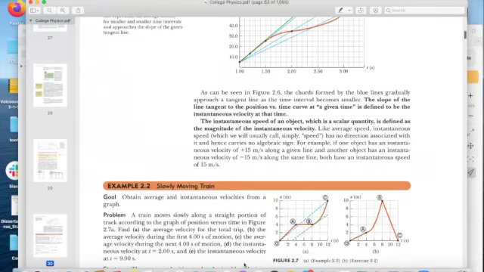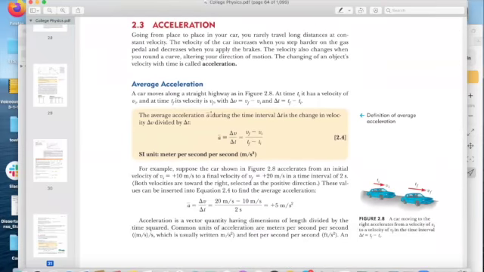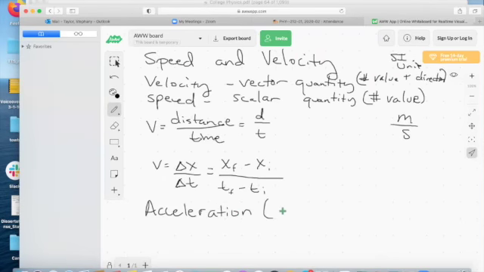They also talk about acceleration. Acceleration is how much your speed is changing over time, whether you're slowing down or speeding up. Acceleration is denoted by lowercase a, and it's equal to your change in velocity, delta v, over the change in time, delta t.